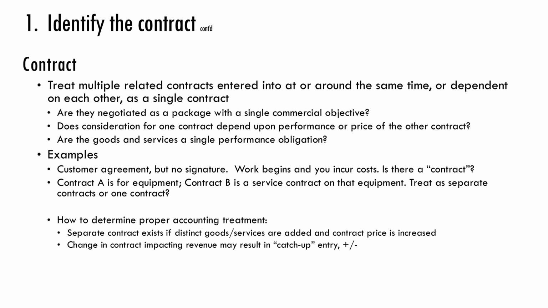Let's talk about where you may or may not have a contract and be able to start recognizing revenue. Suppose that you have a conversation with a customer. You have an agreement. There's no signature. You have not yet received a purchase order, but you begin working and the customer gives you an advance payment. Can you recognize that revenue? Well, the answer is maybe. I don't know your business practices. This is where that judgment call comes into play.